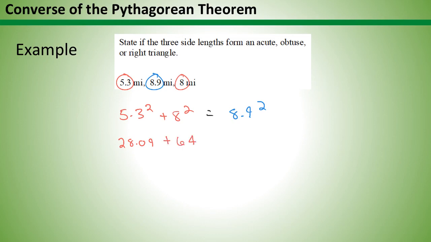If I put those two things together, that's going to be 92.09. Okay, on the other side, 8.9 squared is 79.21. Okay, so since that long side squared is smaller, that makes this an acute triangle.